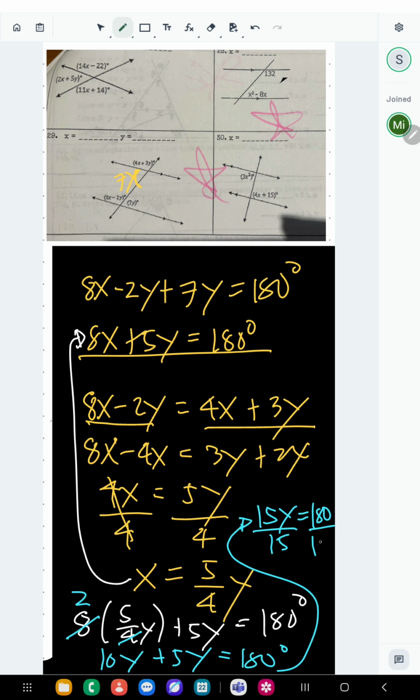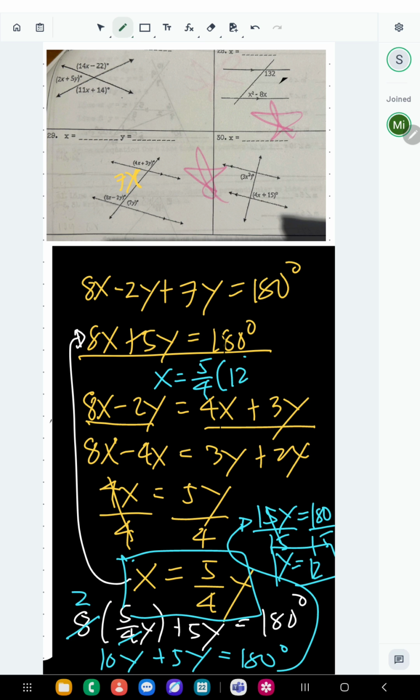Then divide by 15. What is 180 divided by 15? Okay, 12. Therefore, y is 12. And now you can solve for x. We got x equals 5/4 y. So x is equal to 5 over 4 times the y that we just got, which is 12.